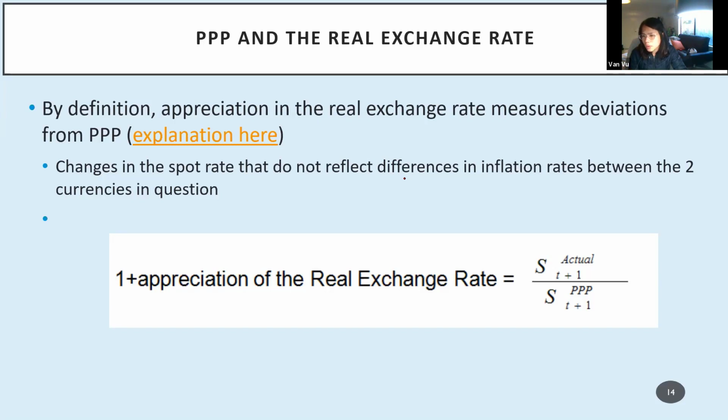If that does not happen, then we will see a real change in the exchange rate, okay? So by definition, any appreciation in the real exchange rate measures deviations from the PPP, okay? So changes in the spot rate do not reflect differences in inflation rates between the two currencies in question. So to see why this is the case, I'm just going to go to my note here.